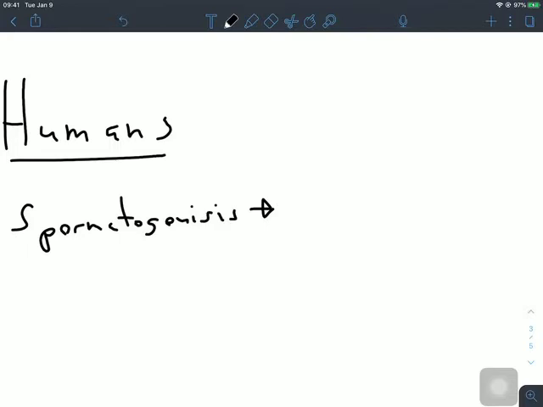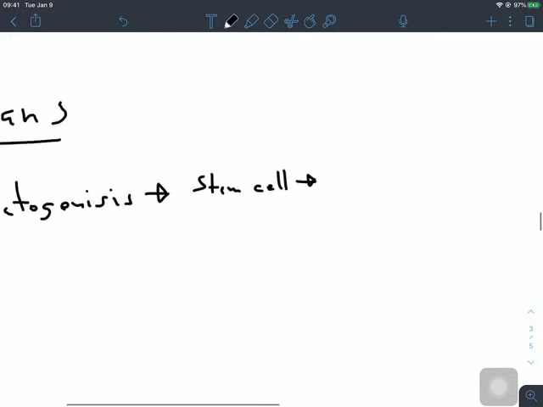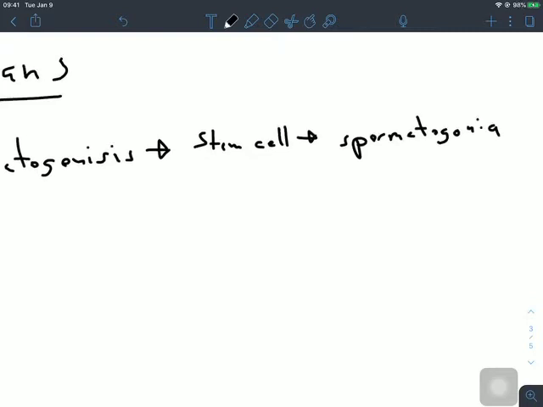You begin with a stem cell for your sperm, these being your spermatogonia. And spermatogonia are plural. Spermatogonium is the singular.